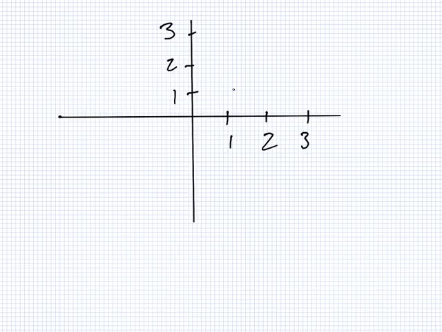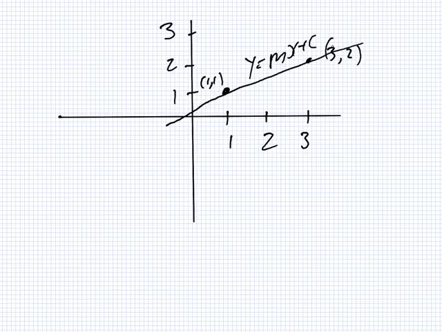So maybe, for example, I give you one point here. Let's call this point 1, 1. And then I'll give you another point, let's say it's 3, 2. And I want to know what is this line, y equals mx plus c. So I want you to find the equation of this line. So you need to find the m and the c.